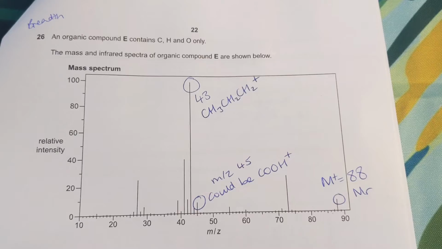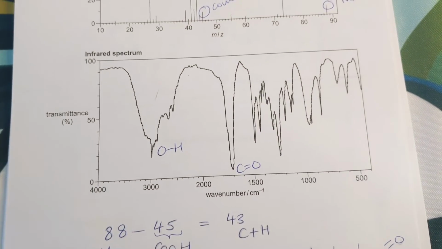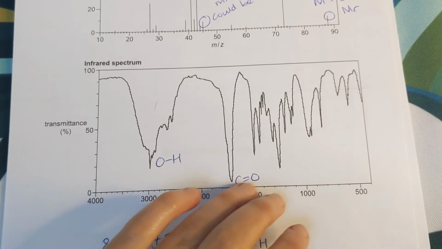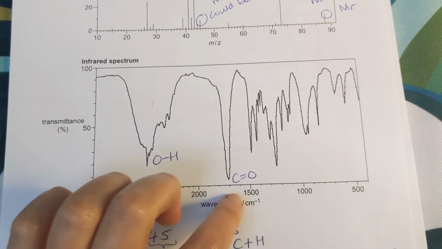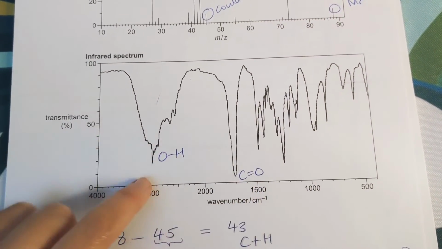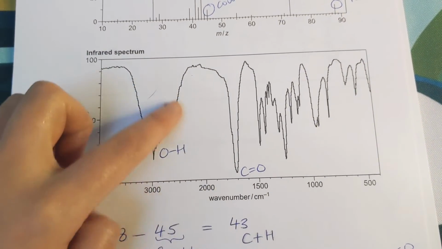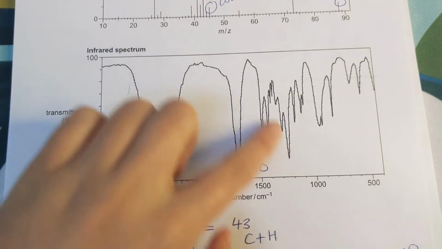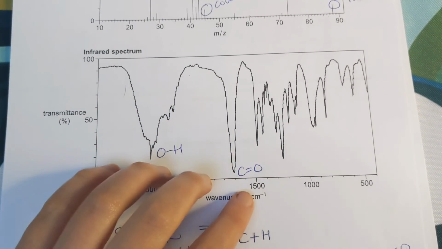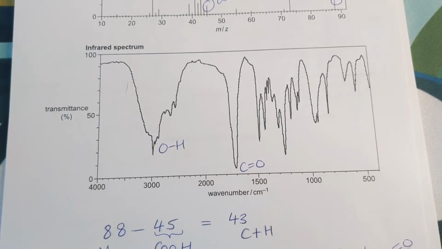But we won't know until we look at the infrared. On the infrared we can see we've got a carbonyl absorption here around 1720-ish. We've also got a broad OH absorption, and this is definitely suggesting that it could be a carboxylic acid now.